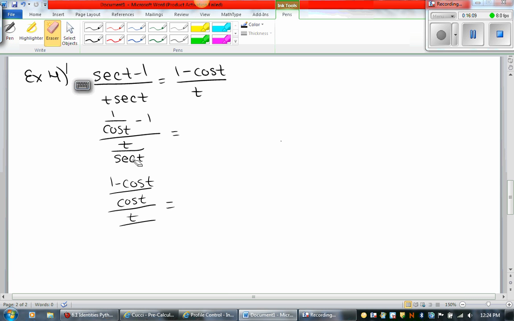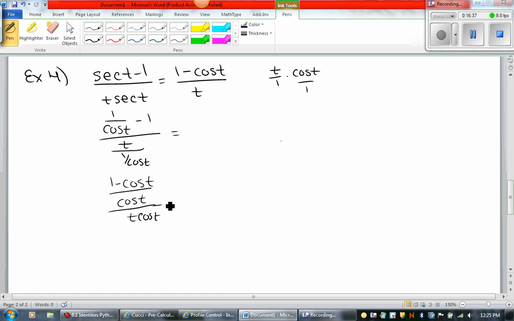I want 1 over cosine. So I need to adjust this right from here. T over 1 times cosine t over 1, right? Keep t over 1 and reciprocal of the denominator. So this becomes t cosine t. This is going to be much easier. Sorry about that, guys.